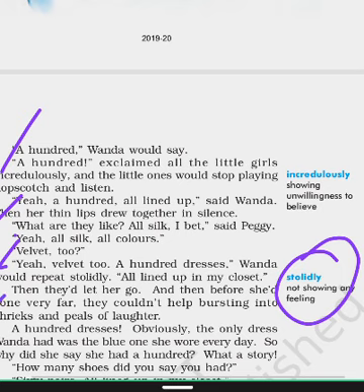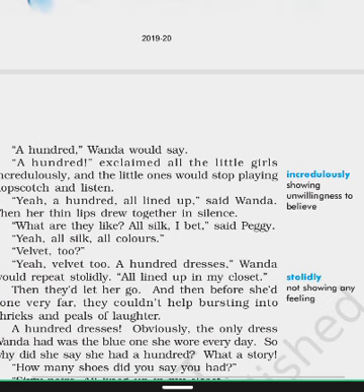Then they would let her go, and then before she would have gone very far, they could not help bursting into shrieks and peals of laughter. At this time the other students, Peggy and Maddie, let her go from this place, and Wanda Petronski had not gone too far.